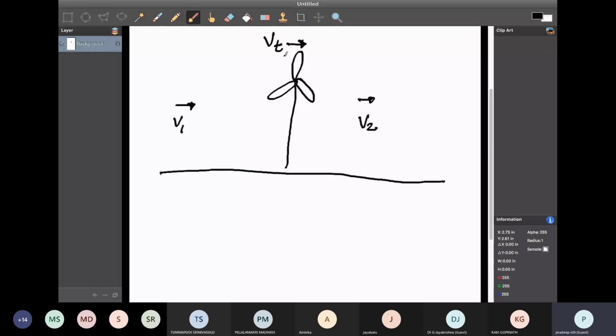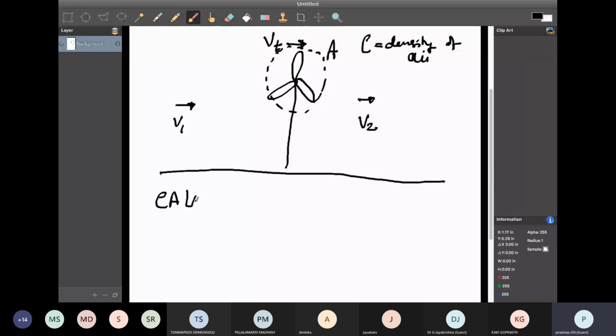And the cross-section area of this, let's call it as cross-section area A. And rho is the density of air. So what is the product of all these three? Okay, so rho A Vt.